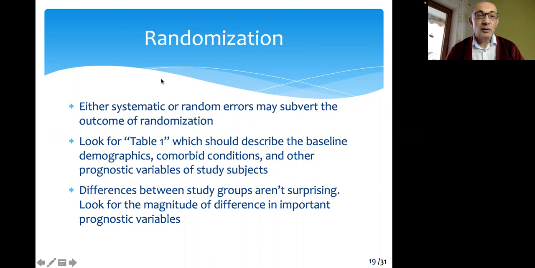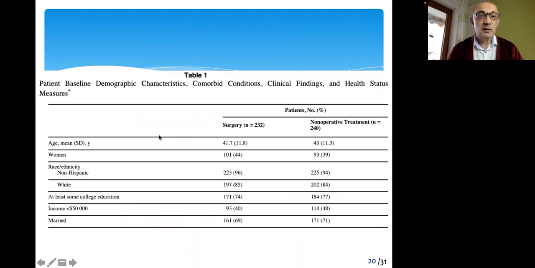What about randomization? Either systematic or random errors may subvert the outcome of randomization. In this study, we have a table 1. Let us look at this table 1. Most studies have this table 1.